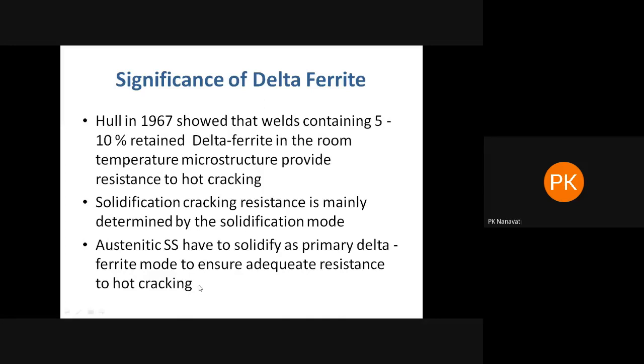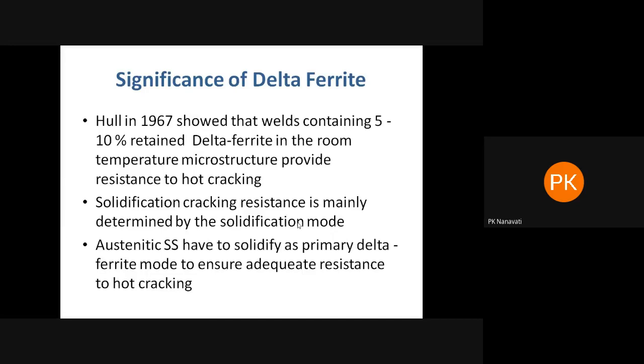But again, this 5 to 10% of delta ferrite thumb rule is industrially accepted, but it is not so clear, because solidification cracking resistance is also determined by the solidification mode. So you can refer back to that slide, right?